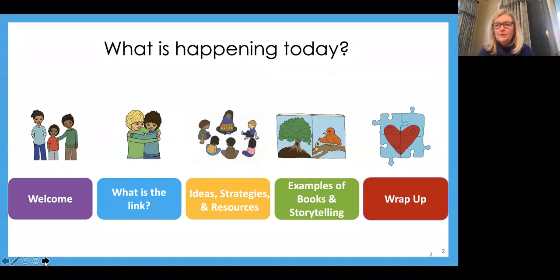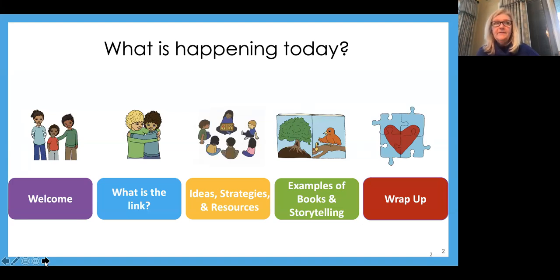Just to give you an idea of what we're going to do in our hour and a half together: we're going to talk a little bit about why we're even talking about this. What is this link between social, emotional, and literacy, and why is it important? Then I'm going to throw out, from my experience, some ideas, strategies, and resources.